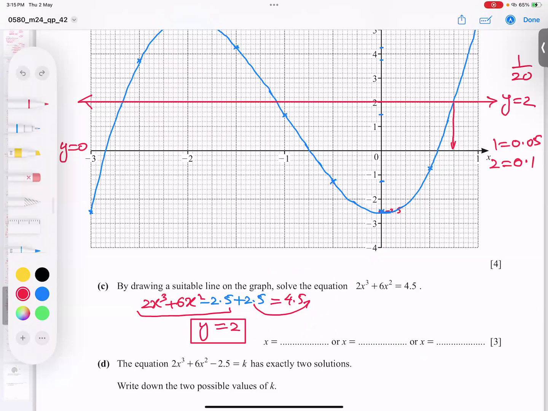Very interesting, because one box is 0.05, so this is 0.5, two boxes after is 0.6, two boxes after is 0.7, two boxes after is 0.8. But what is in the middle?